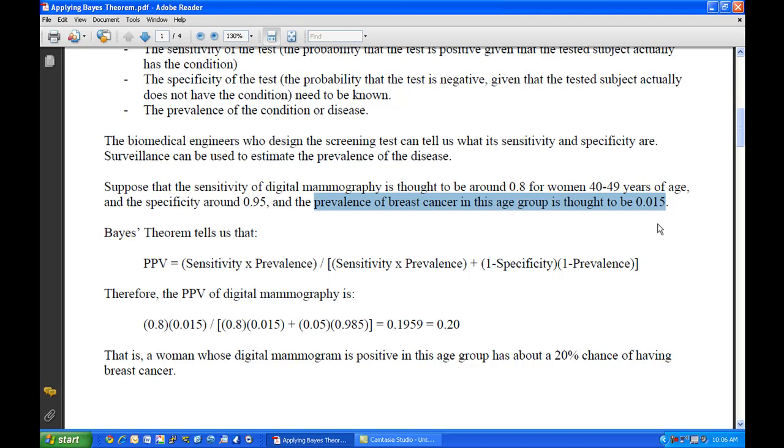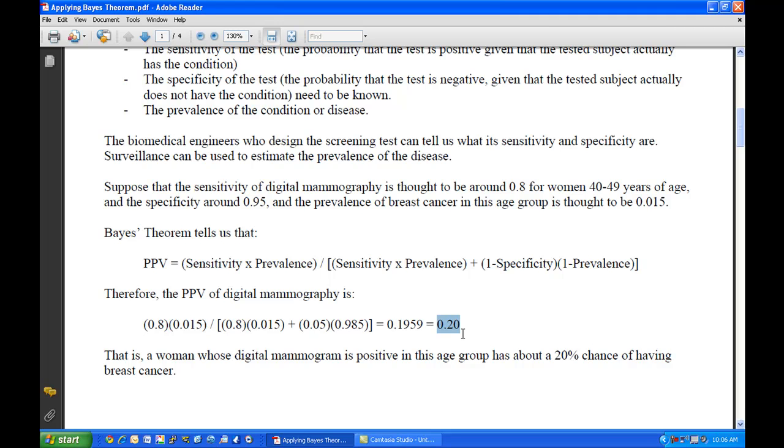Well, we've got the sensitivity, the specificity, and the prevalence. Those are the quantities that are needed for the positive predictive value calculation. Sensitivity and prevalence, 1 minus specificity, and 1 minus prevalence will also need to be used. Simply plugging those numbers in, there's not much more to do here except follow the formula, you get a positive predictive value of 0.1959, about 0.196, and that we would round to 0.20 to 2 decimal places, let's say.